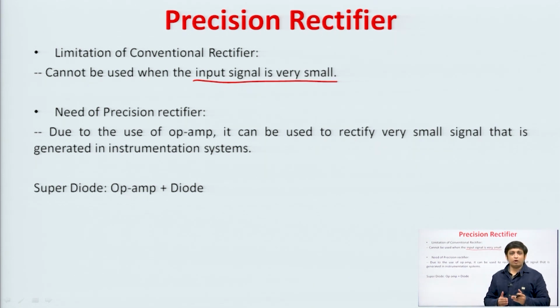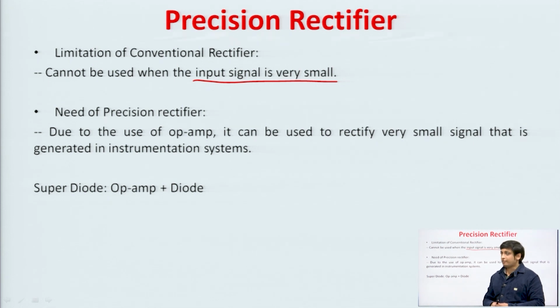Now, these small input signals are generated especially in instrumentation systems. In instrumentation systems, the signals generated from the sensors are of very small magnitude. So, in instrumentation systems we cannot use this conventional rectifier. So, the need arises for a rectifier which can be used even for a very small magnitude of signal in instrumentation systems.